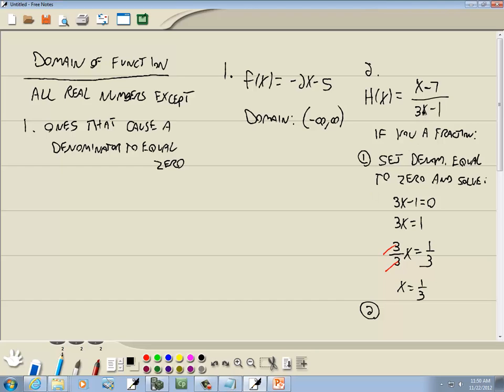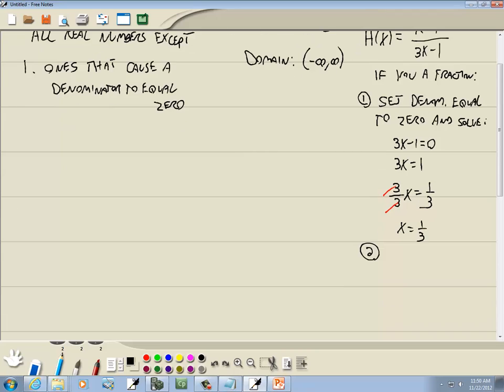If I put 1/3 in here, we got 3 times 1/3, which is 1. 1 minus 1 gives you 0. You can't have a 0 in the denominator. So our second step is to put a slash through the equals. So x cannot equal 1/3. It can be every other number, but it can't be 1/3.